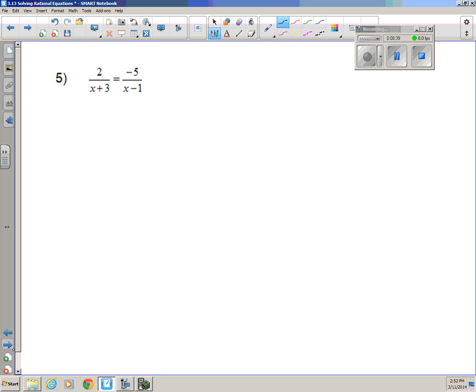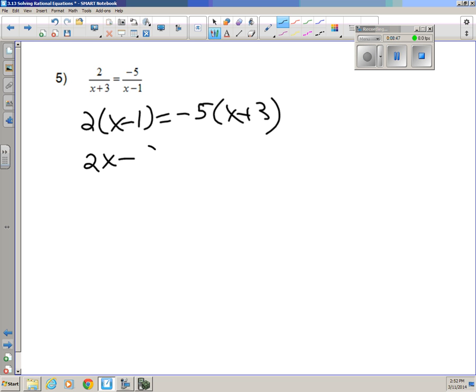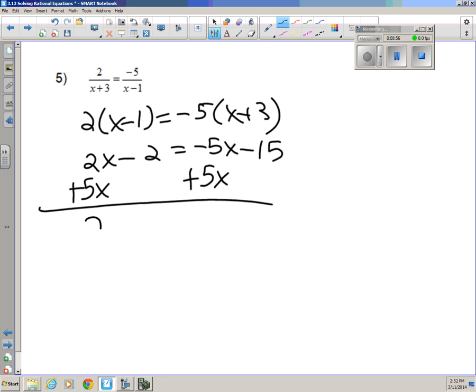All right, proportion, cross multiply. 2 times x minus 1 is -5 times x plus 3. Distribute: 2x minus 2 equals -5x minus 15. Add 5x. 7x minus 2 equals -15.